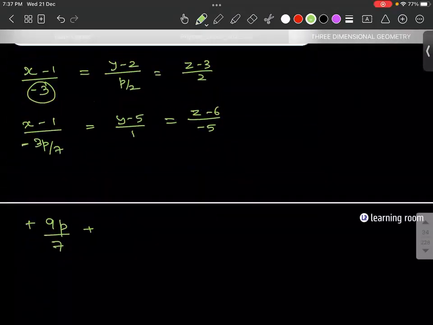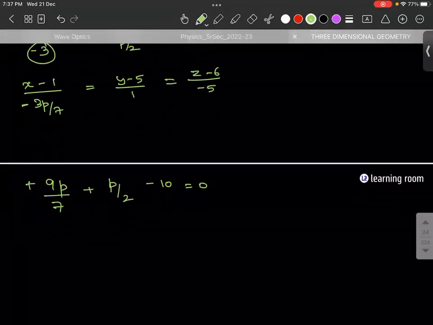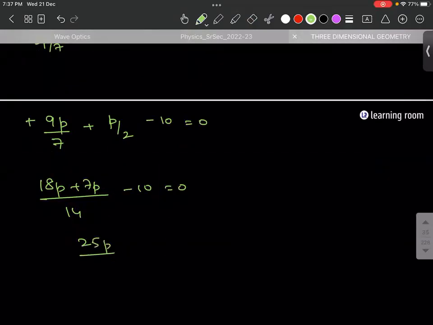Plus 9p by 7 plus p by 2 minus 10 should be equal to 0. So how much will be the answer if I take LCM? 9p by 7. So it is going to be (18p plus 7p) divided by 14 minus 10 is equal to 0. So 25p by 14 is equal to 10. This will be 5 times, this will be 2 times. So p is equal to 28 divided by 5.